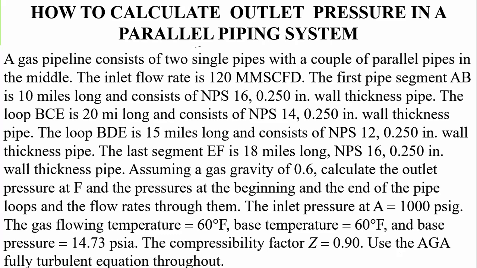The gas flow temperature is 60 degrees Fahrenheit, base temperature is 60 degrees Fahrenheit, and base pressure is 14.73 psia. The compressibility factor Z is equal to 0.90. Use the American Gas Association fully turbulent equation throughout these calculations.